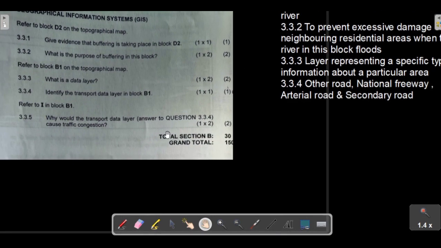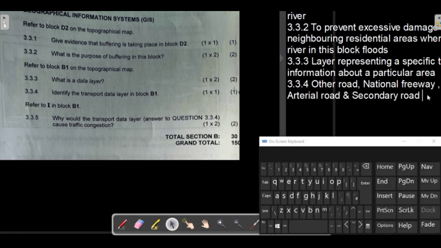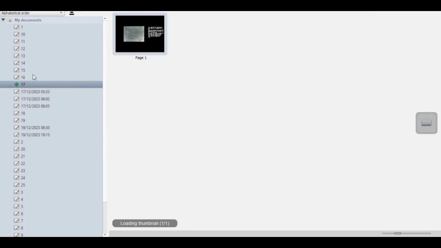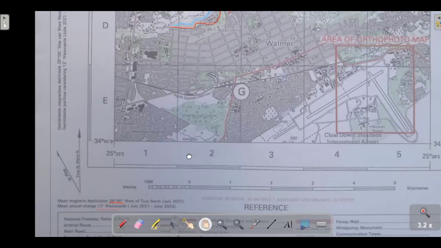Refer to block B1. 3.3.5, last question. Yes, ma'am. Why would the transport data layer, okay, so this cause traffic congestion? Why would this cause traffic congestion, guys? Why would these roads cause traffic congestion? Well, let's take a look at this again.